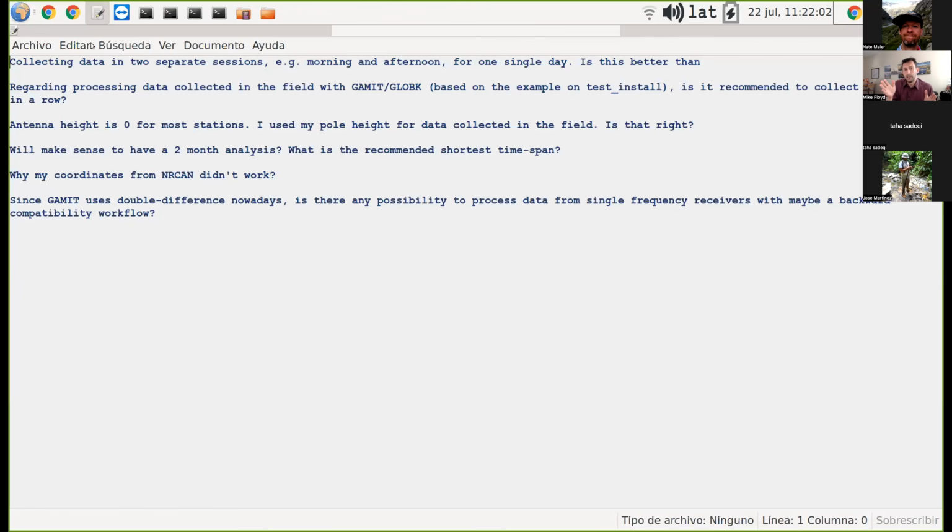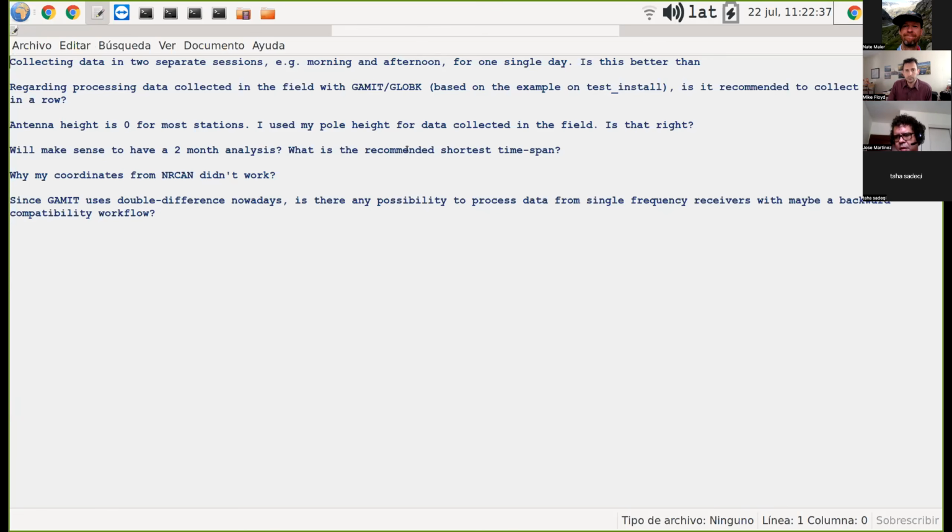So if you do an occupation in the morning, Dominican time, that's like -4. Mid-afternoon, -4, -5. In the afternoon, you'll probably be in the same UTC day. So you can add both of those files, process for one day, and the data will be included in one solution.